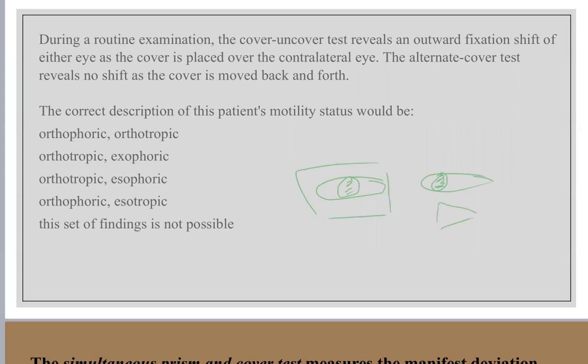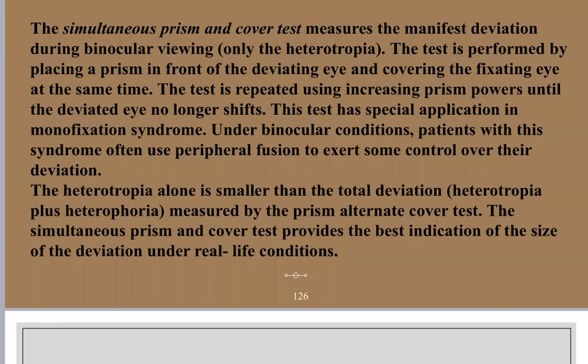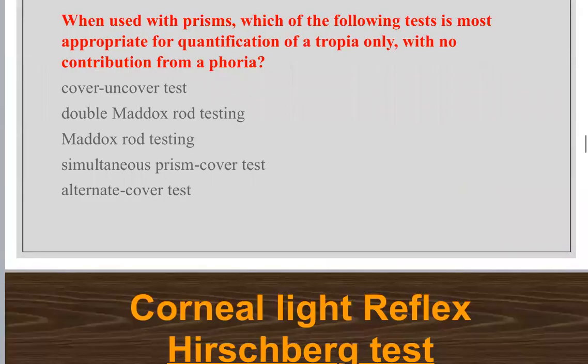You don't cover the eye first to make this eye fixate and then put the prism. No, you do this simultaneously in order to eliminate the fusion power of the brain, in order to just measure the tropia, not the phoria. Here we just measure the tropia. In cases of microtropia or monofixation syndrome, we must measure just the tropia, not the tropia plus the phoria.